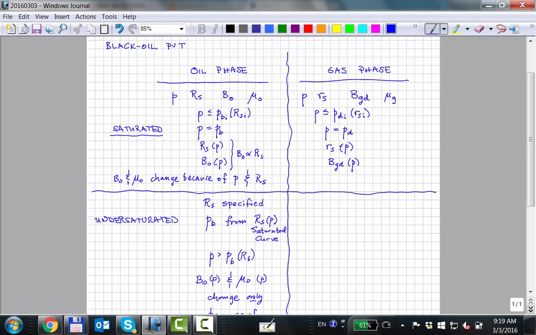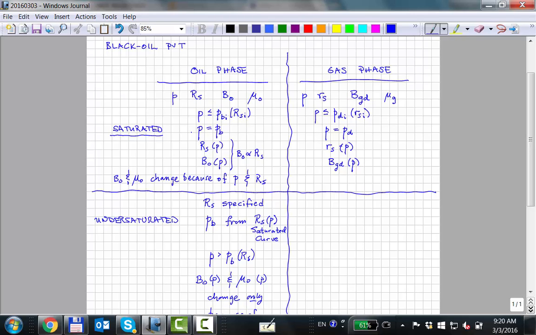Okay? So if I say the saturated BO is 2.0 at 4,000 psi and some temperature on the exam, everybody wakes up.